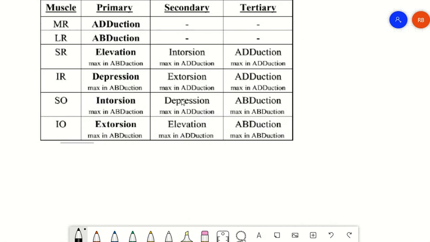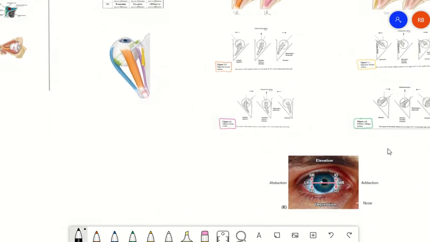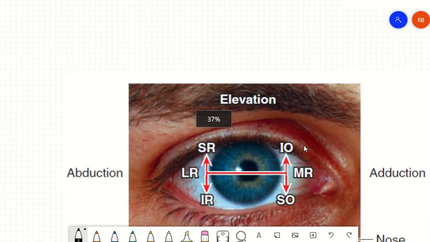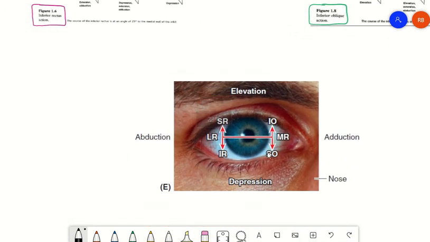Maximal in adduction is depression for the superior oblique, and maximal in adduction for elevation is inferior oblique. And we can map that across, because the inferior oblique is primarily elevating when the eye is adducted, and the superior oblique primarily depresses when the eye is adducted. That's why we test in those directions, we are testing for those muscles.